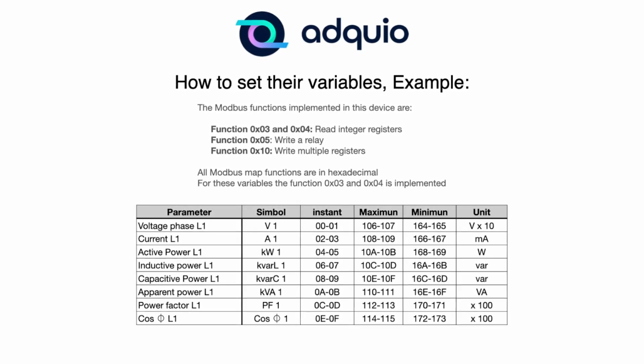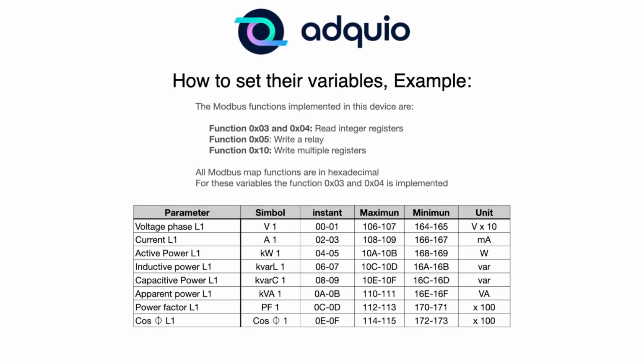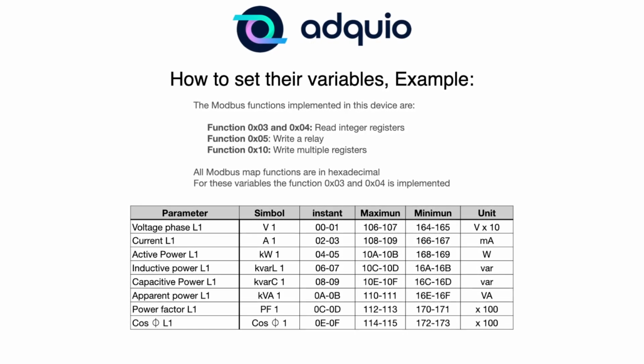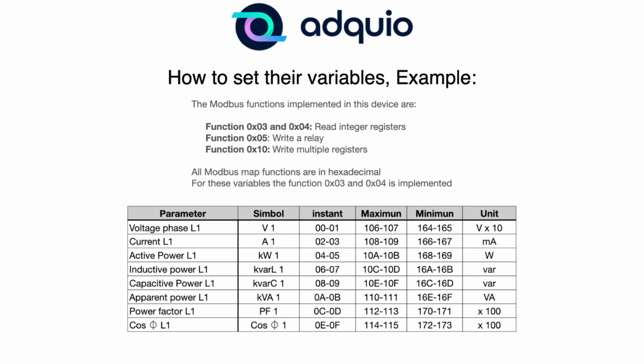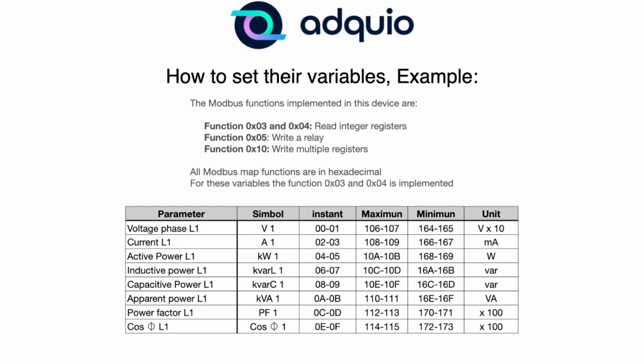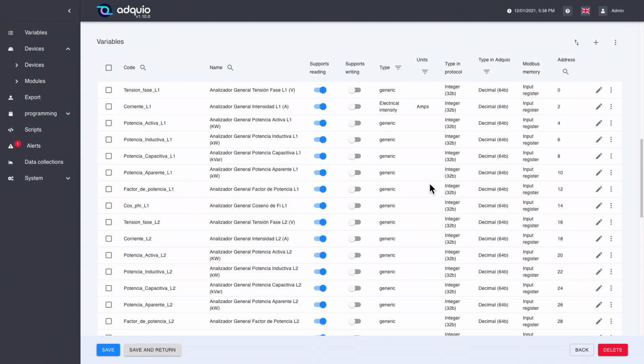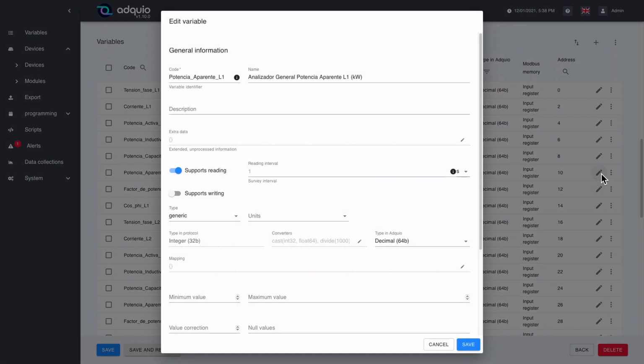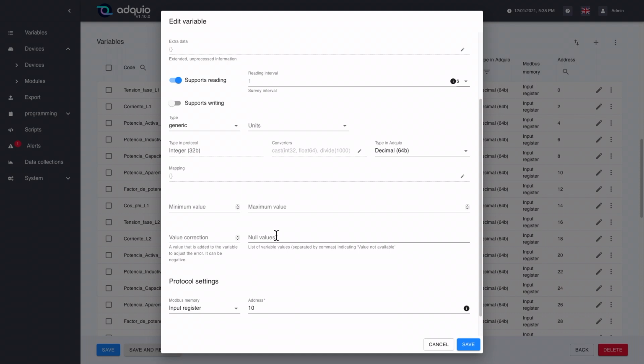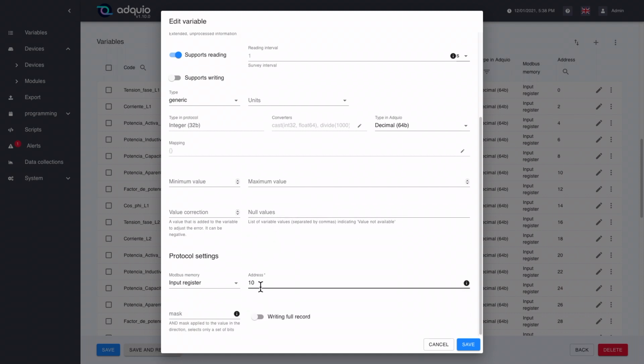So it would be 8, 9, A, B, C, D, E, F, okay. So, A would be 10, B would be 11, C would be 12, and so on. Therefore, if we see the apparent power L1 in Adquio, we have it here, we see that it is in position 0A, and that it corresponds to 10 in decimal, okay.